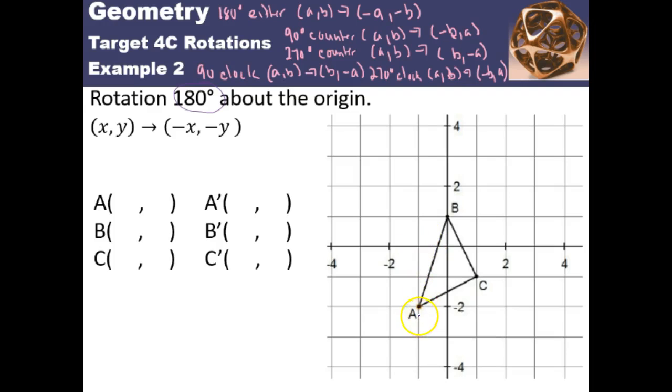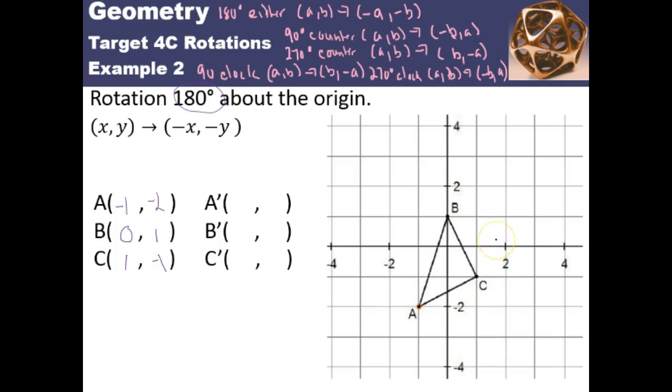A is negative 1, negative 2. B is 0, 1. And then C is the point 1, negative 1.